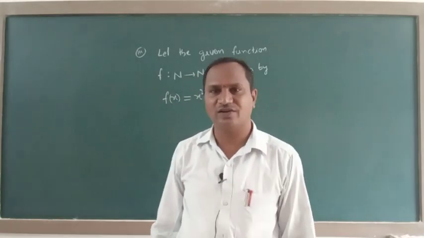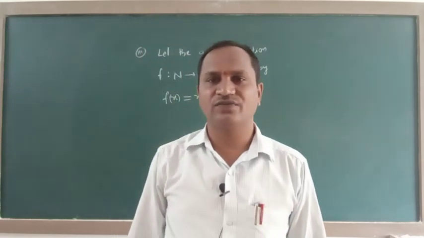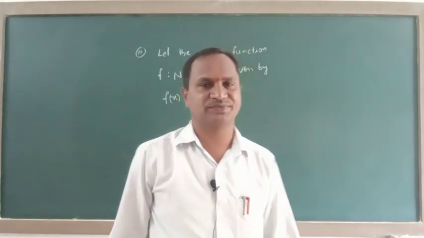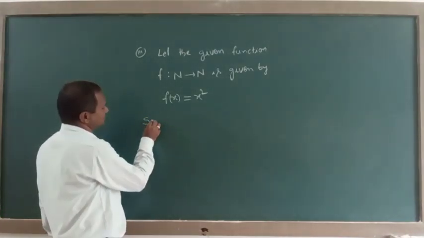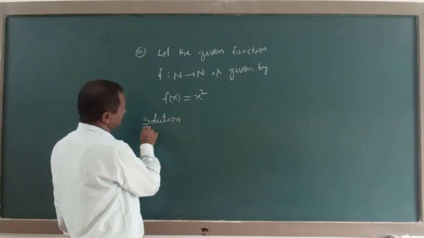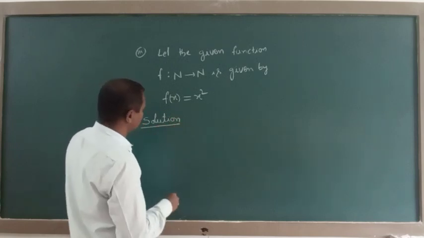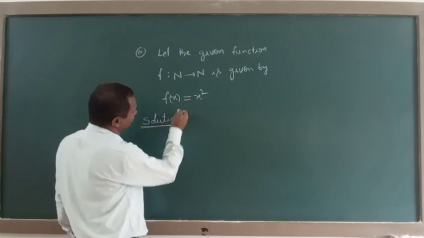In the case of the set of all natural numbers, now we have to check whether it forms a one-one function or onto function. The same, one-one function first. The solution for this question: first we should write f of x equal to x square.